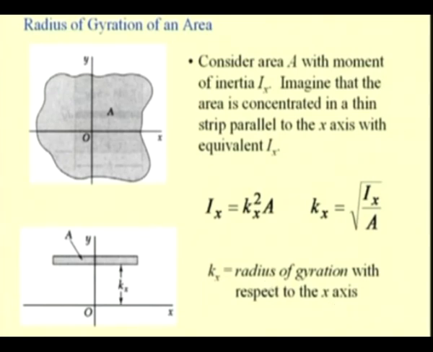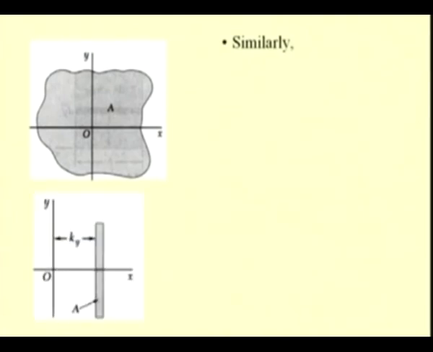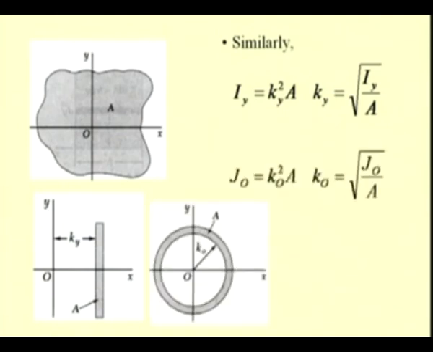In the same way, we can define the radius of gyration with respect to the y axis by considering an imaginary area having the same area and situated at a distance of ky, then ky is equal to root of Iy, the second moment of this area with respect to the y axis, divided by A. And if we know these two quantities kx and ky, it is possible to define the radius of gyration with respect to the z axis or the polar axis.